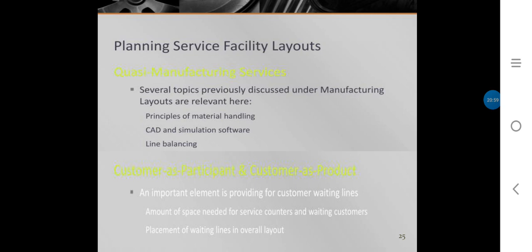Customer as participant means that in this context, customers can interact with the organization's staff, the equipment, other customers, and so on.